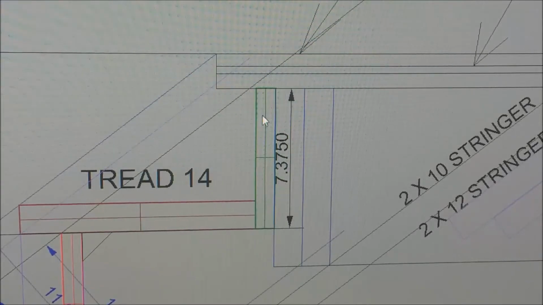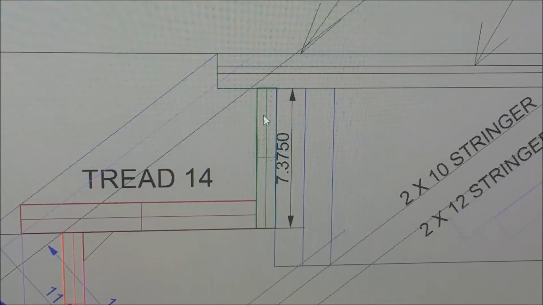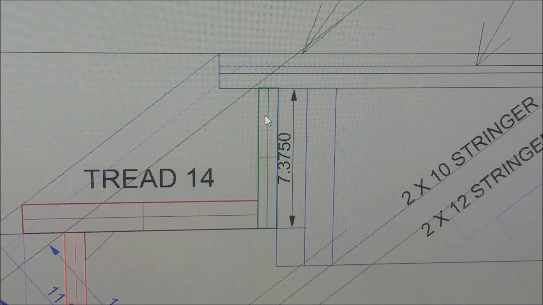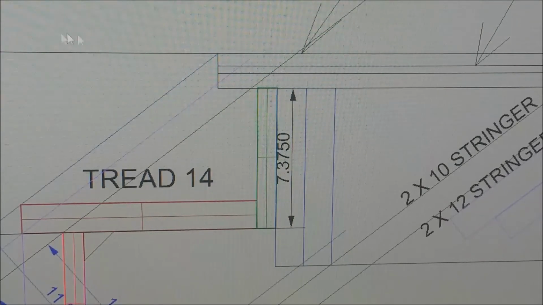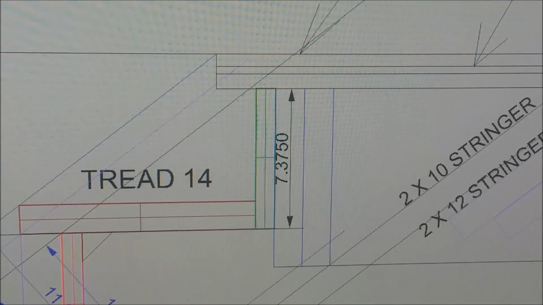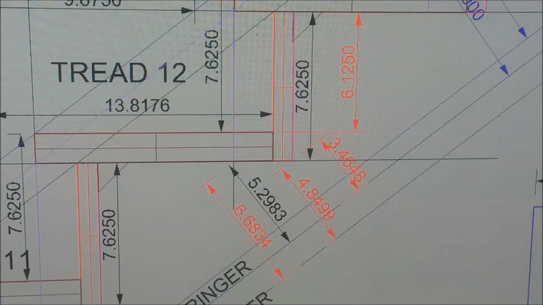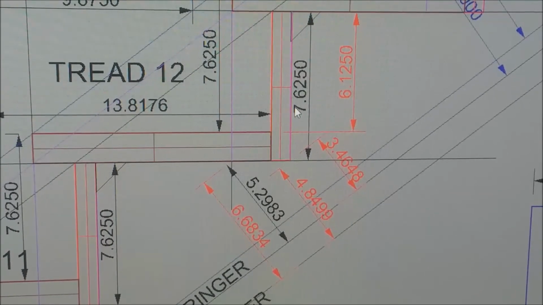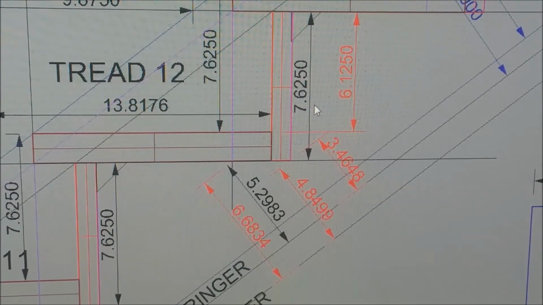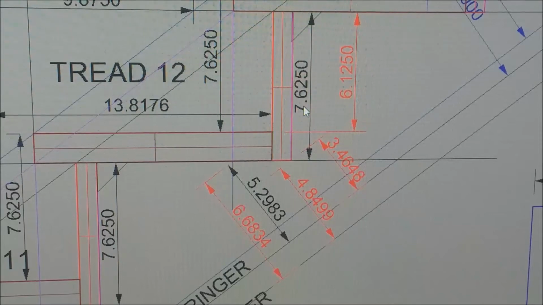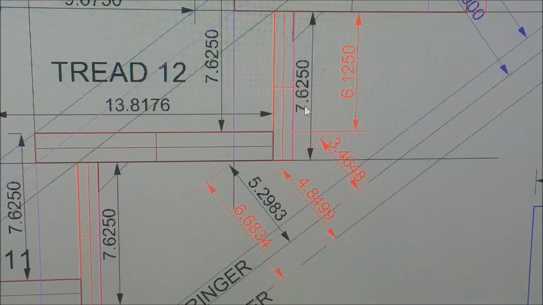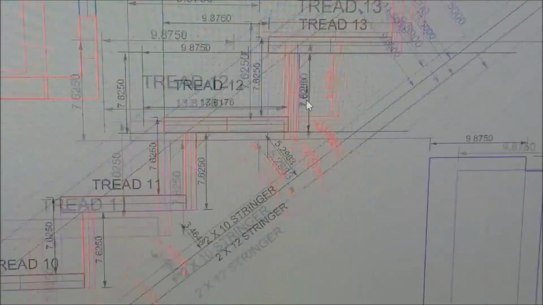And this riser board on the top one is 7.3750. Now, it's a little disturbing to some people that there are 3 different sizes. All the rest of them in between are going to be the same. They're going to be 7.6250. And this difference in these numbers was derived because of the thickness of the treads.